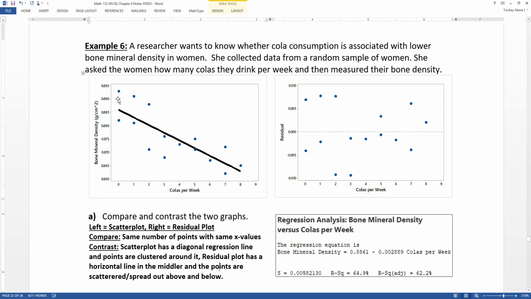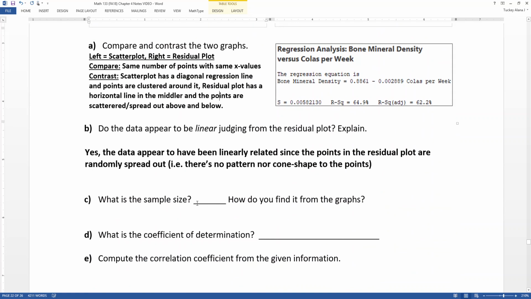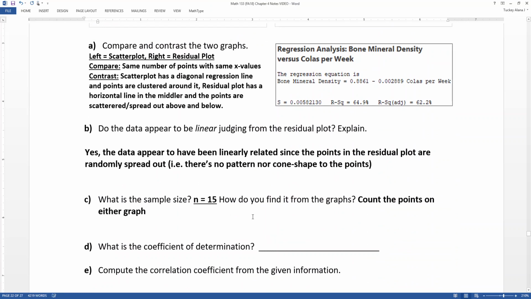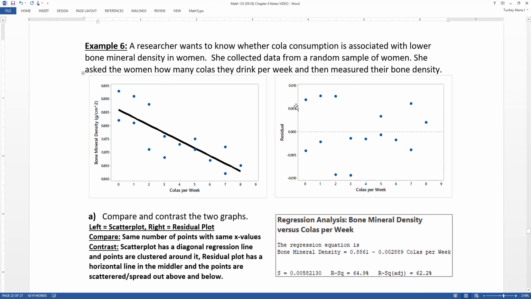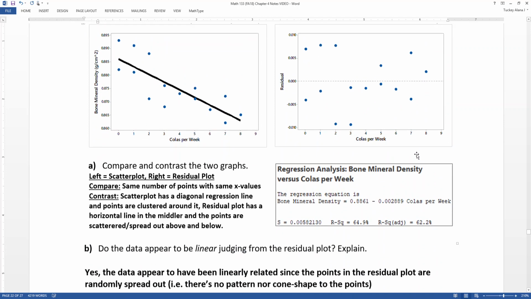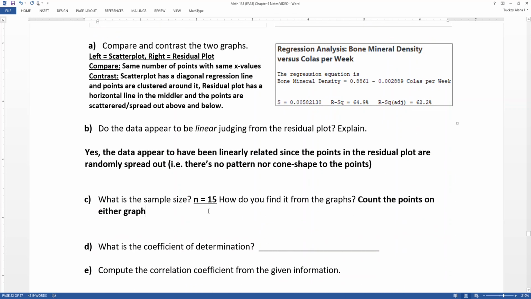So we have 1, 2, 3, 4, 5, 6, 7, 8, 9, 10, 11, 12, 13, 14, 15. The sample size is 15. And you can count the points on either graph. If I go over to the residual plot, I would get 1 through 15. So there's 15 dots there as well.